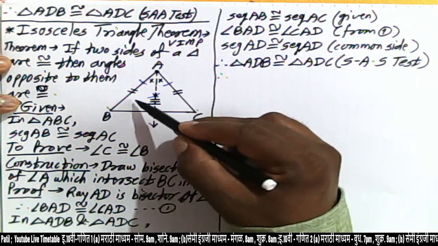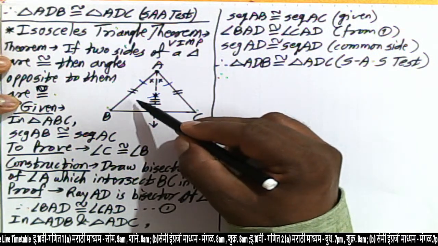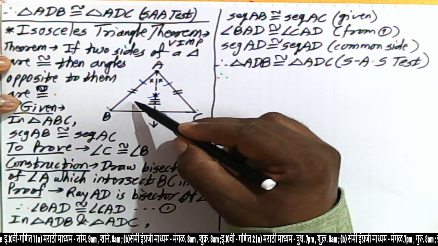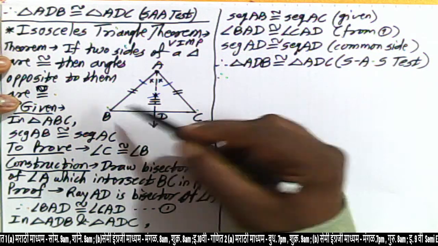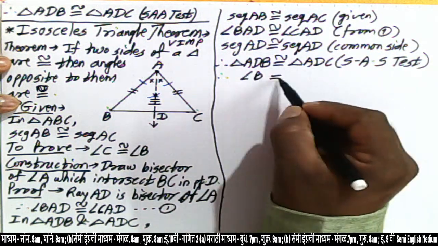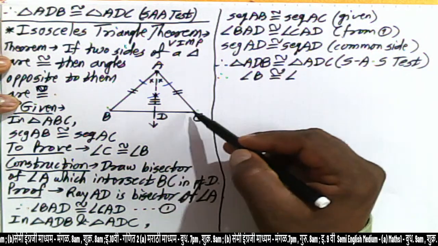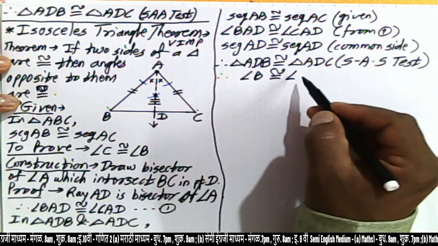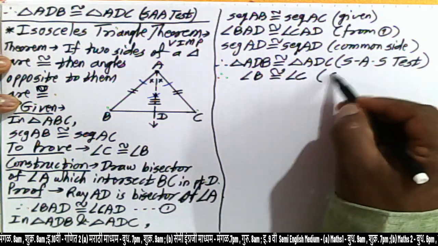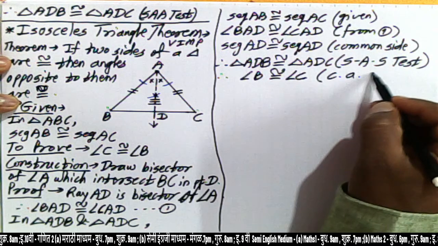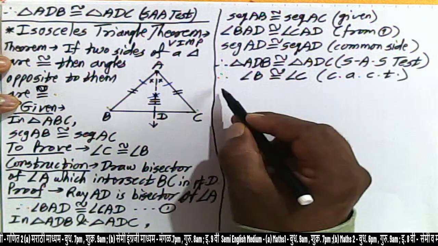Therefore, the corresponding angle of the first triangle, that is angle B, is congruent to the corresponding angle of the second triangle, that is angle C, and the reason is corresponding angles of congruent triangles.